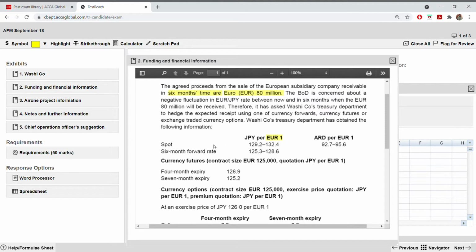Now 7-month, this is the opening figure. Which spot are you going to take? When we took forward, it was this rate, because we are selling euro, so we will be selling euro at a lower rate only.